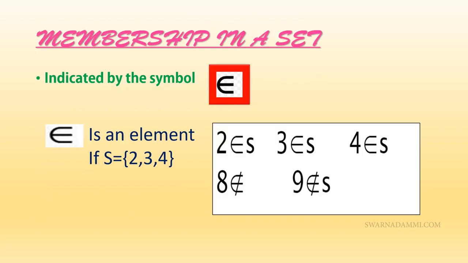How do we identify membership in a set? That is indicated by the symbol epsilon, a variant of the Greek letter epsilon, used for element. In my example, S equals 2, 3, 4.